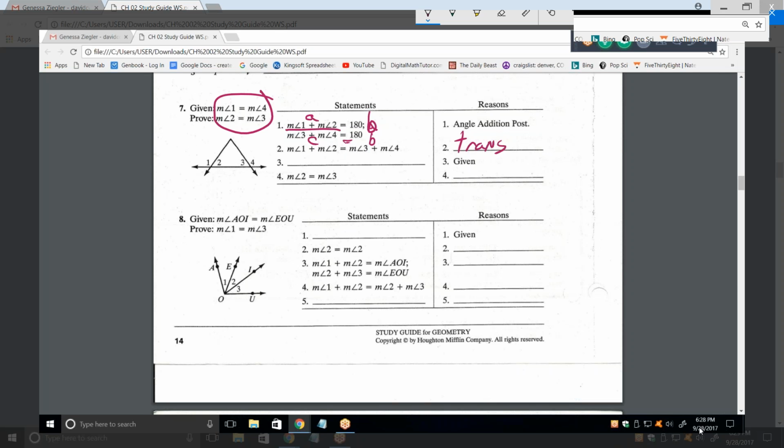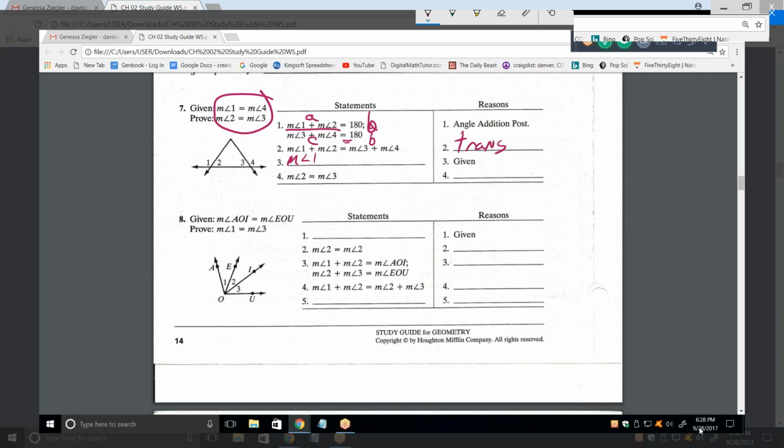No. Seems to me they've left out a line. Which one? I don't know. This is a strange problem. It's rare that you see the number 3 being the given. But here's the line that I think they've left out, which is this one.